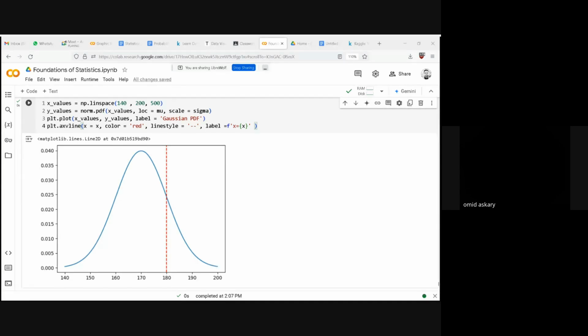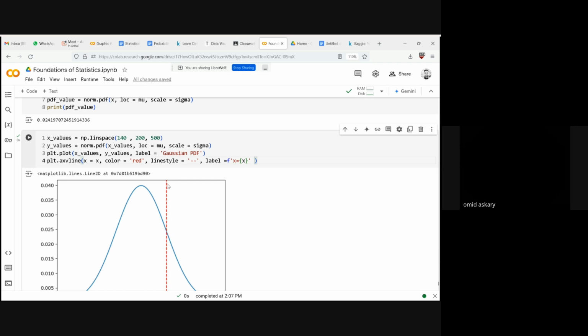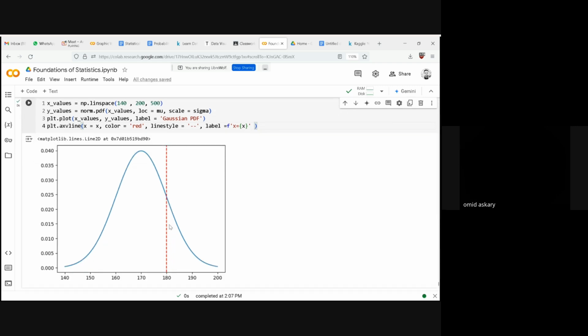So this is now the understanding of the Gaussian PDF curve, probability density curves. So these are the probabilities. Right now, we just predicted the likelihood of a specific person.